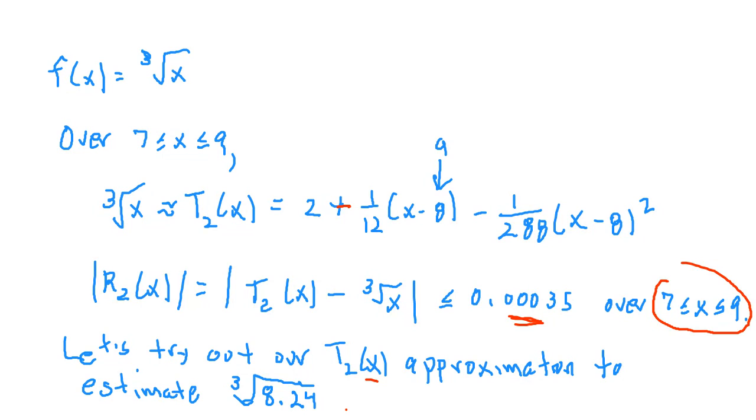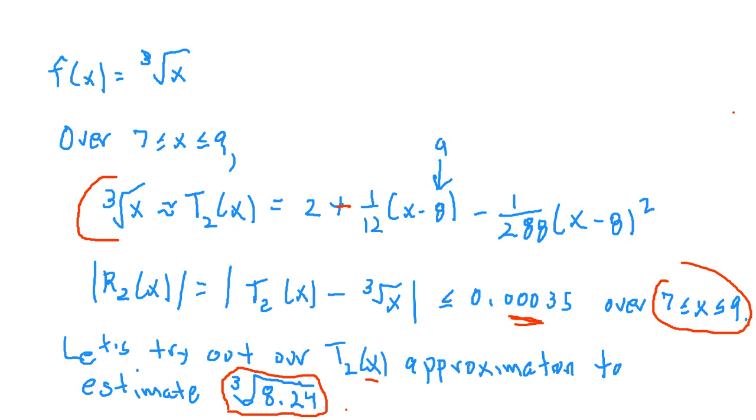So, let's say you have a computer that's trying to estimate the cube root of 8.24. Now, computers, as you know, work with flops. And arithmetic operations on computers are what? Adding, subtracting, multiplying, and dividing.